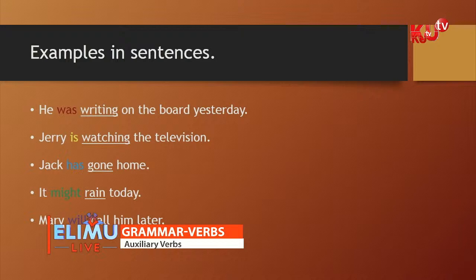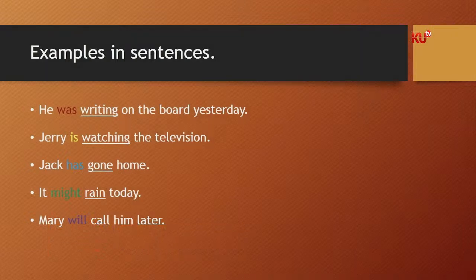Jerry is watching the television. In this case, Jerry is doing the action of watching the television. Jerry is the subject of the sentence. Is is the helping verb, and it is helping which verb? The main verb, which is watching.